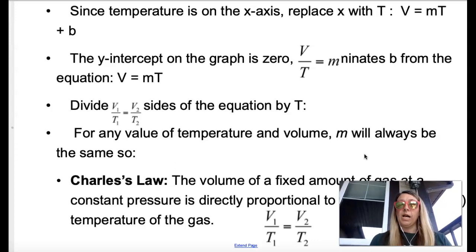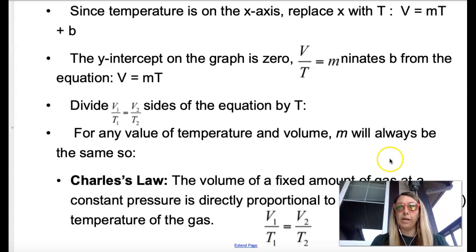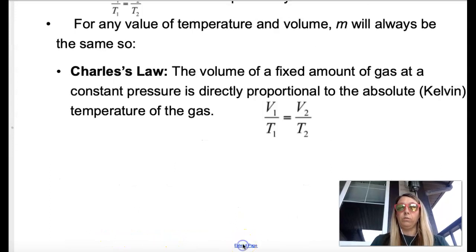Constant pressure, because like you learned in the last video, if we change the pressure, we are going to change the volume. And when we're looking at Charles's law, we only want to consider temperature as a variable, okay? So it is directly proportional to the absolute Kelvin temperature of the gas. So there's our equation of V1 over T1 equals V2 over T2.